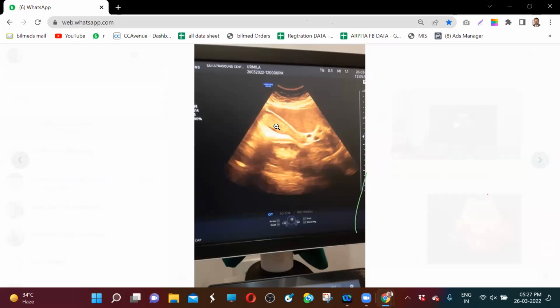Now, what to do to tell a tumefactive sludge, that is, a concentrated hard type sludge with more echogenicity and more density, from a calculus? The only point which will help me over here is the posterior shadow.